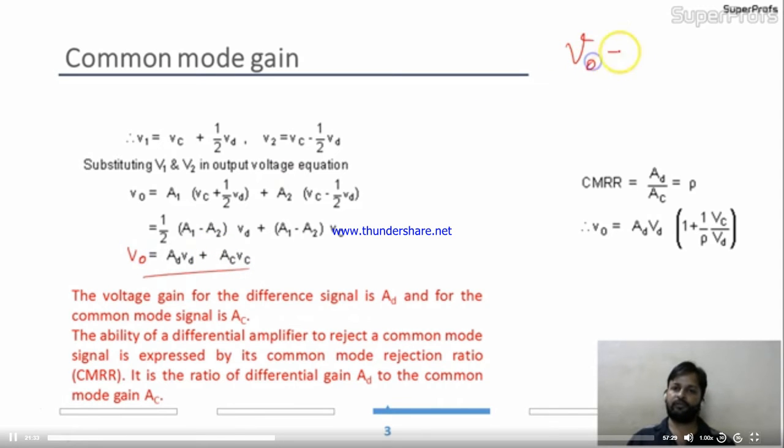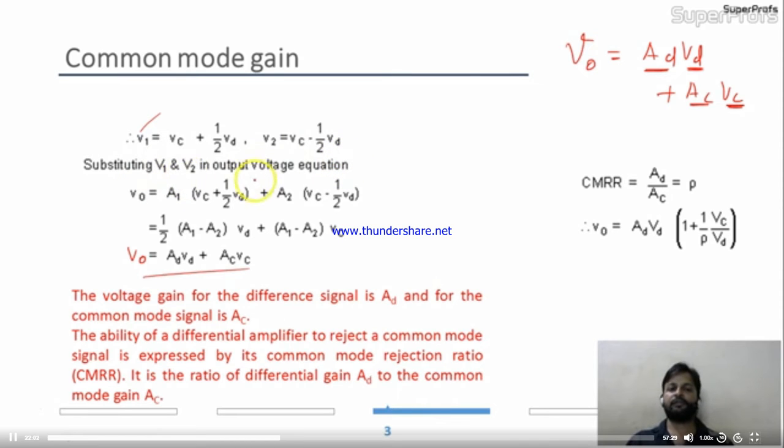Our output V0 will be AD VD plus AC VC. AC is the common mode gain, AD is the differential gain, VD is the difference of inputs, and VC is the average of the inputs. So V1 equals VC plus half of VD, and V2 equals VC minus half of VD.